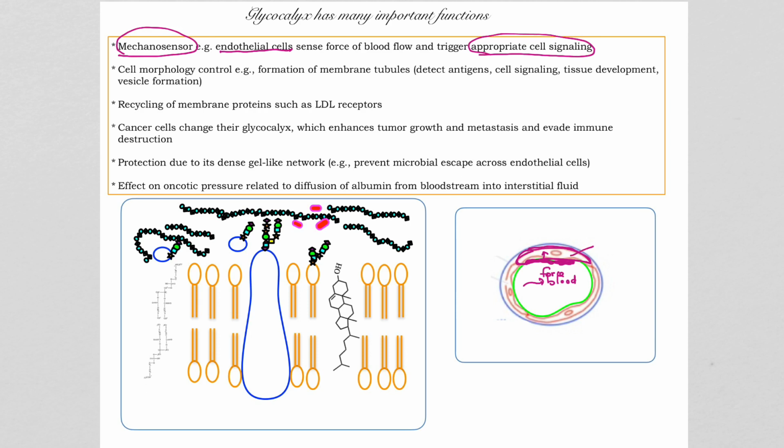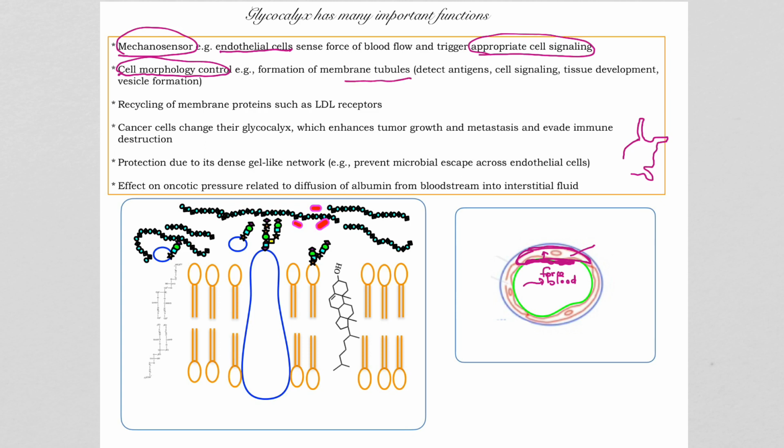These endothelial cells play a very critical role in many, many different processes, including inflammation. We now know that the glycocalyx of cells affects the shape of the cell, the morphology. For example, cells can form tubules, all kinds of tubules, like membrane tubules.